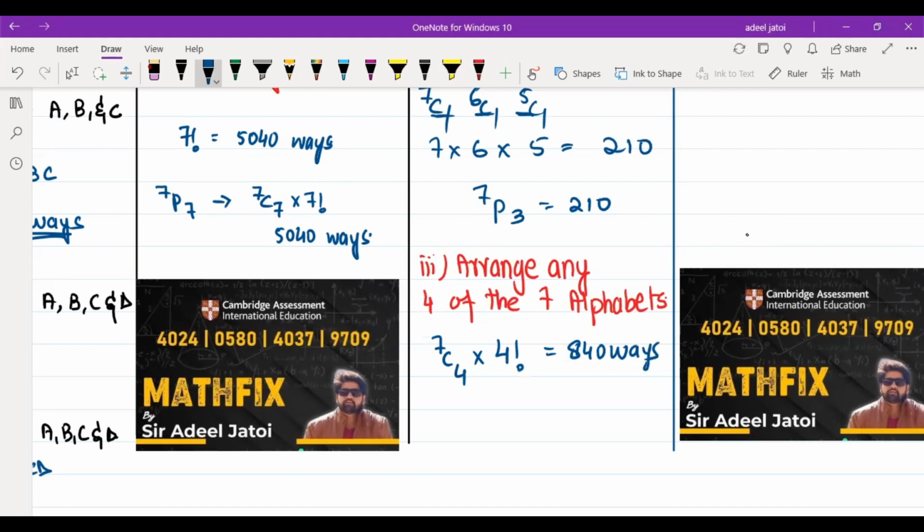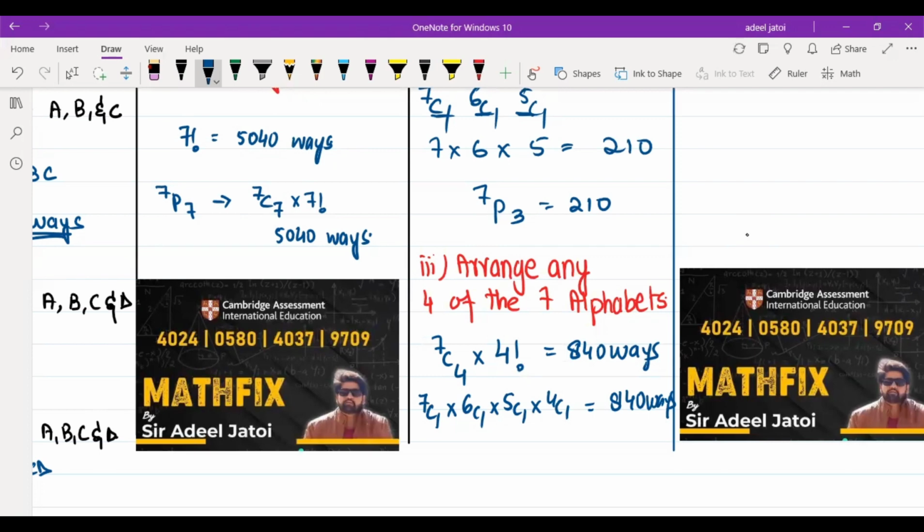Similarly, I can also do 7C1 into 6C1 into 5C1 into 4C1. That means this is what we are doing individually, selecting 1 alphabet at one time. So this also will be 840 ways, which means we are selecting, but we are selecting each alphabet here.